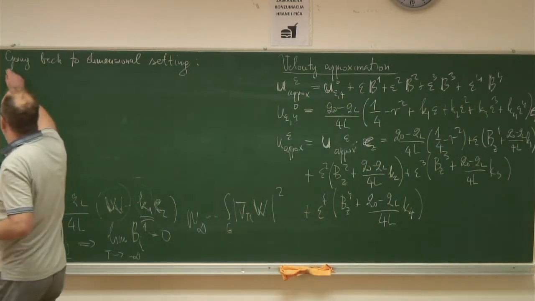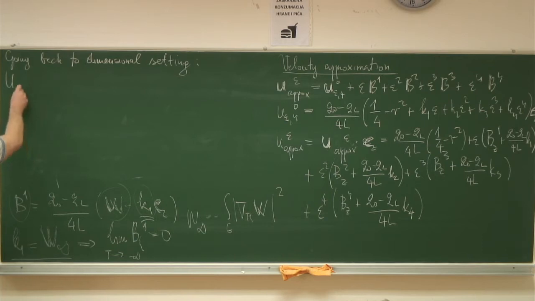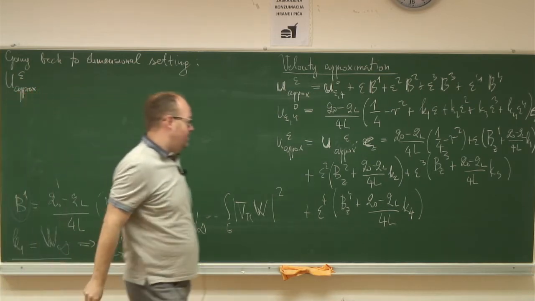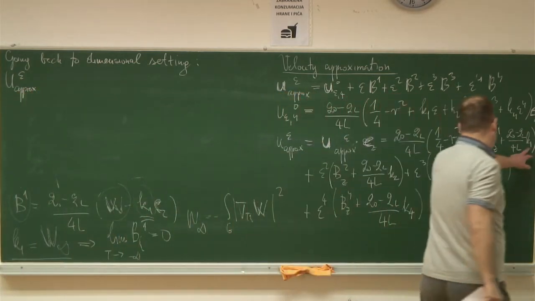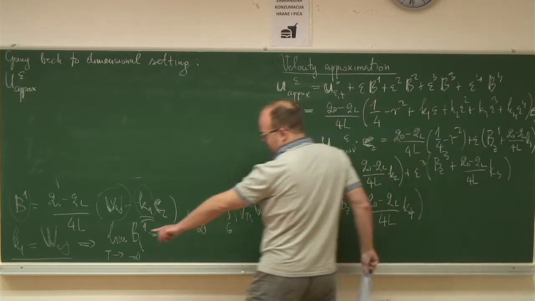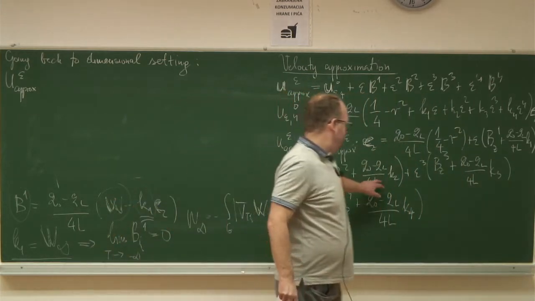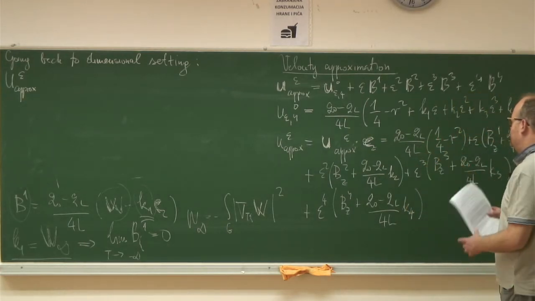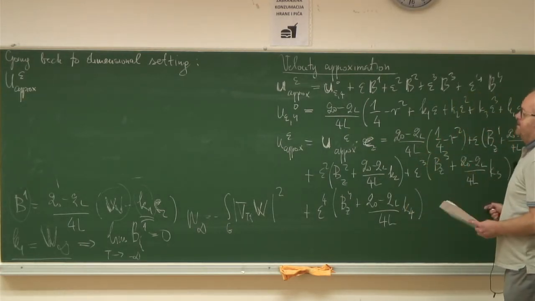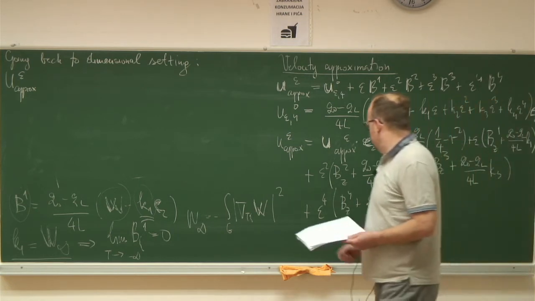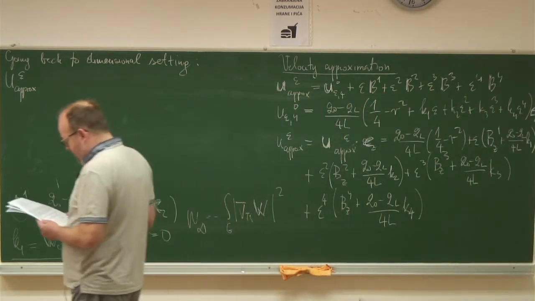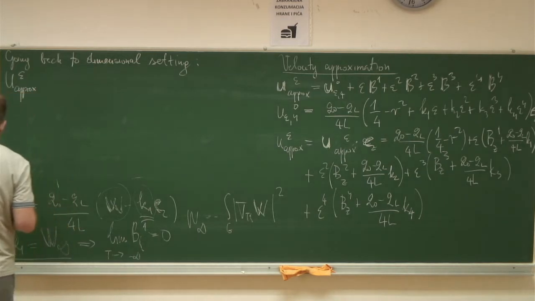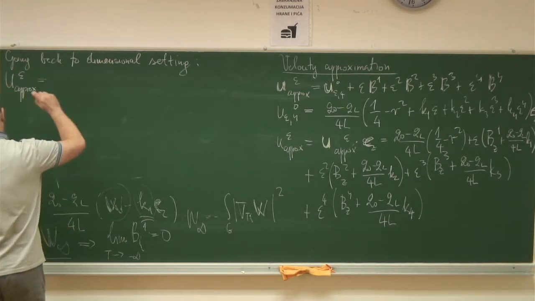In this expression here, I will acknowledge the expressions that we obtain for these constants k1. Okay, so k1 is this, k2, k3, and k4. I did not write them, but you can look at it in the paper. So in dimensional setting, our velocity approximation takes this final form.